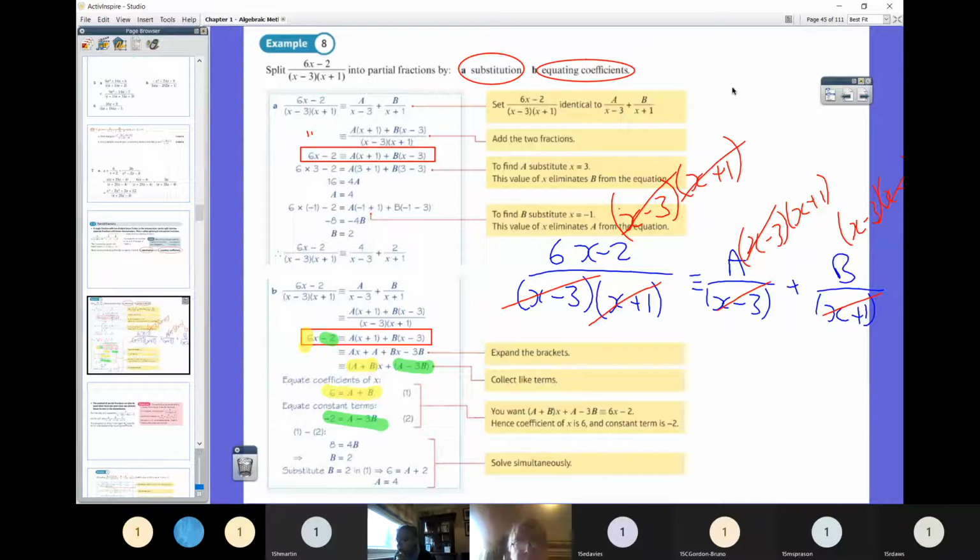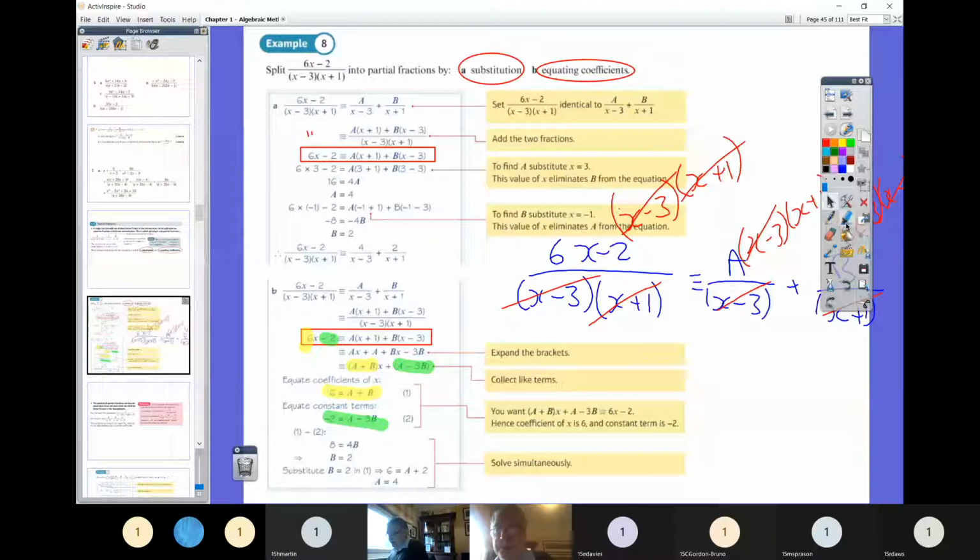So in order to eliminate that x minus 3, which I've put in orange there, we substitute in x equals 3, and therefore the b term disappears.